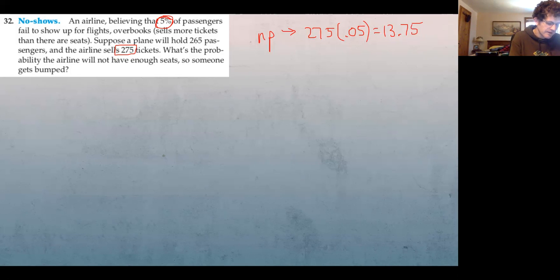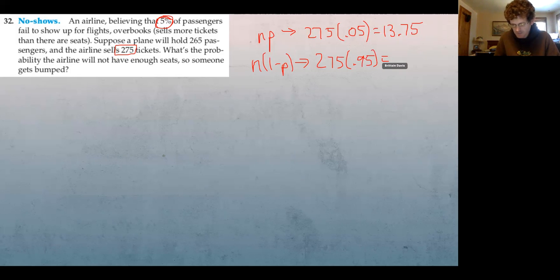Now, N times the probability of failure, this one really is kind of redundant to check. We know it's going to be good. That's 0.95. So this is going to be whatever's left over, but that is 261.25.